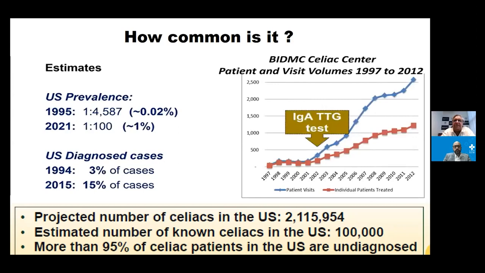And the main reason why celiac has been more commonly identified is the availability of the IgA TTG test. Since 2000, since it's been available commercially, many persons have been tested, and it has good sensitivity and specificity, as I'll explain later.